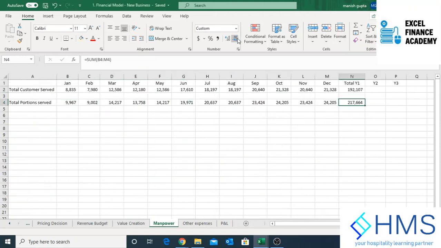Otherwise, it's going to be exactly the same, so we may not be able to identify the difference between customers served and total portions served. Total portions served should be higher than the customers served, not lower, because at least they will buy one product, even if some people may only buy one product. So ideally it shouldn't be lower than the customers served.